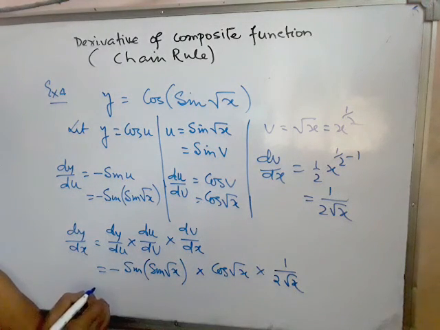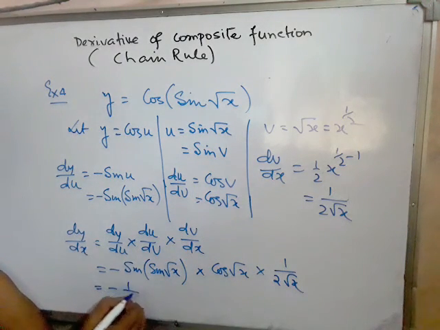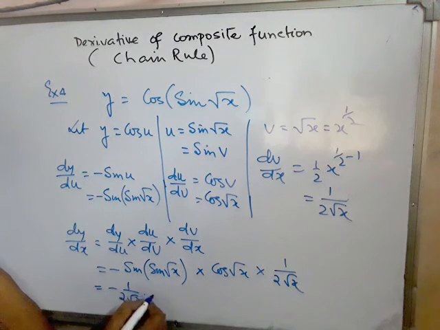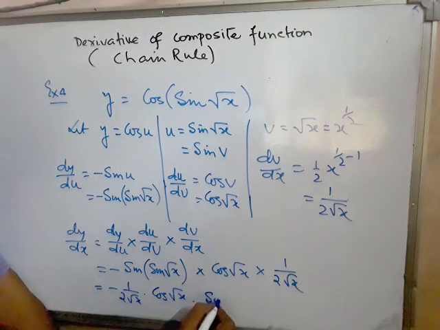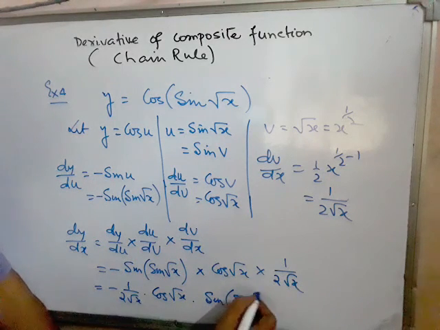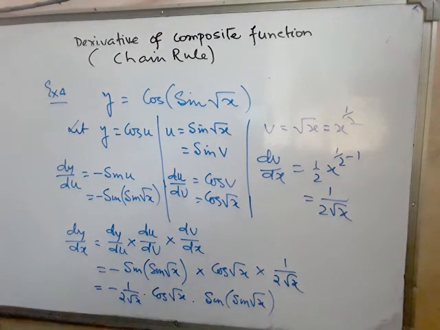So therefore, if you arrange: minus 2 root x cos root x sine of sine root x. So this is the answer.